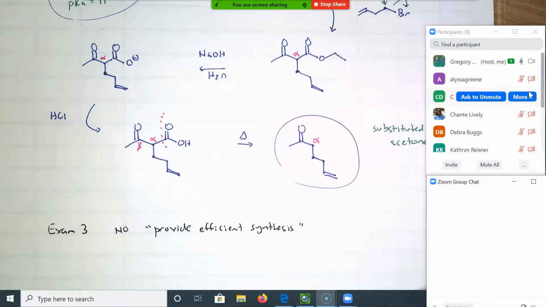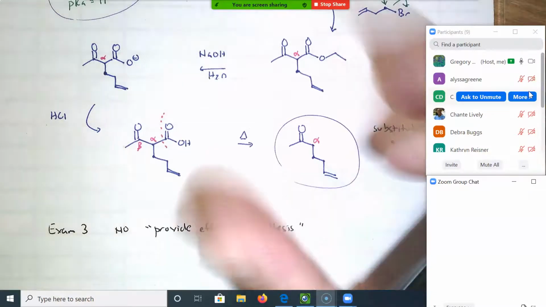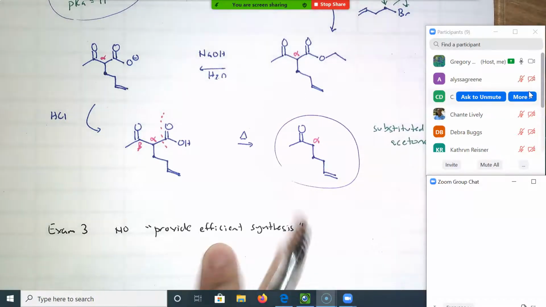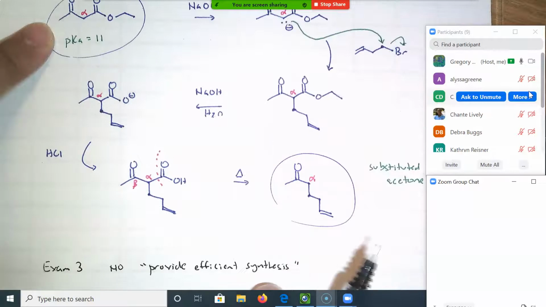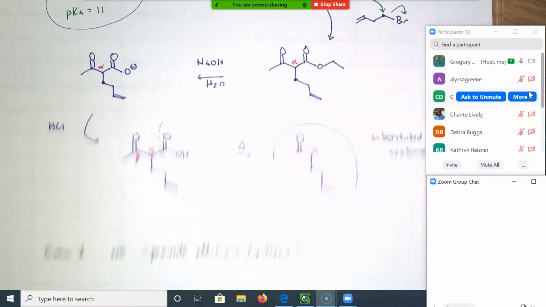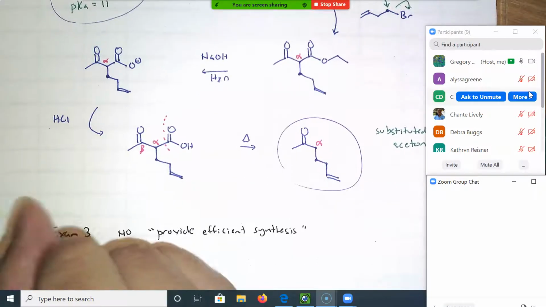There'll be synthesis still, but either I'll have little boxes, or I'll ask you what do you think the key intermediate is, but not for this exam will I ask you for a full synthesis from the very start. Okay, that is it for Unit 9. Done.